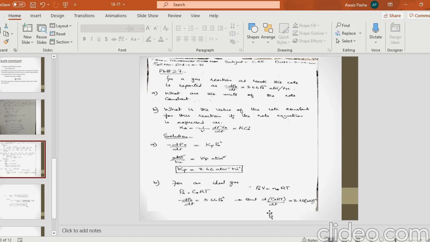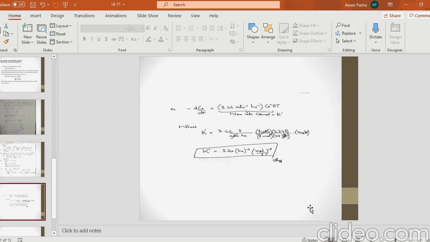But the concentration, the product of gas constant and temperature, gives the negative rate of change of concentration of A with respect to time equal to 3.66 atmosphere inverse hour inverse and the concentration of A square RT.